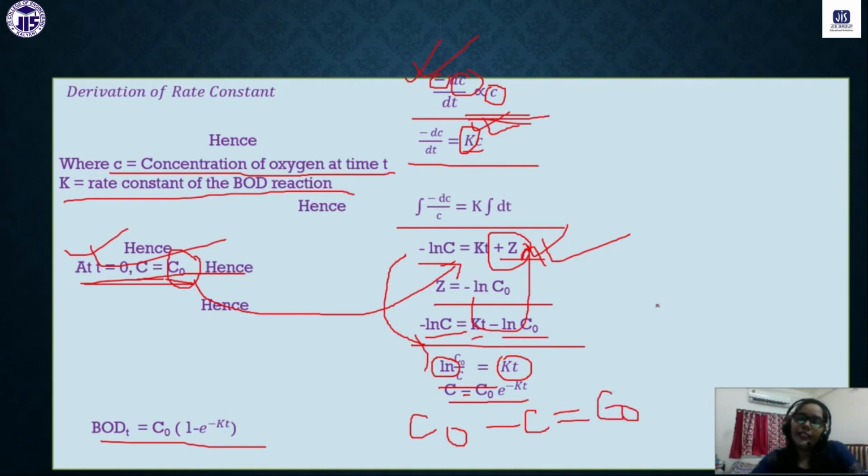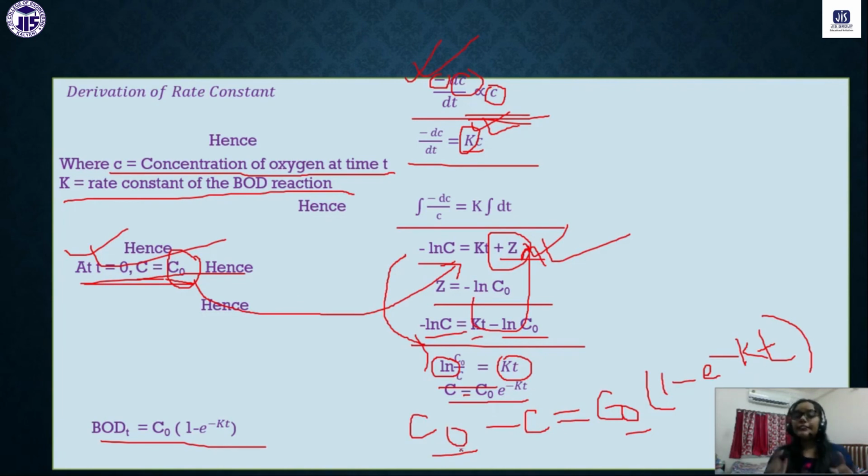C0 we have taken common, that is 1 minus e to the power minus kt, right? So, C0 minus C equals C0 into 1 minus e to the power minus kt.